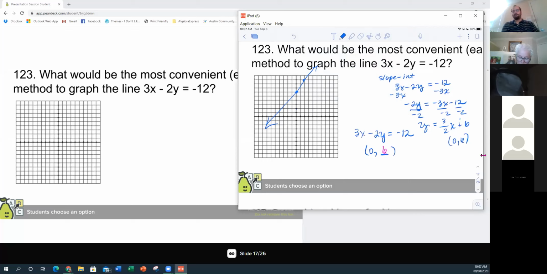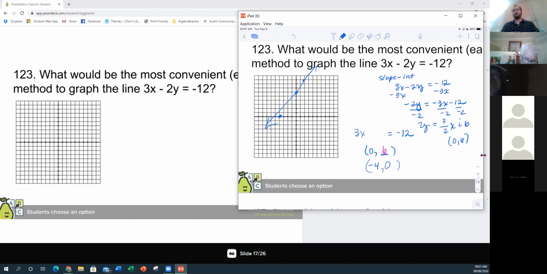And then for the x-intercept, you plug 0 in for y, and you're looking for the x value. So that means you would erase the y part, and you get 3x equals negative 12. Dividing both sides by 3 gives you x equals negative 4. Then you just plot 0, 6 and negative 4, 0.